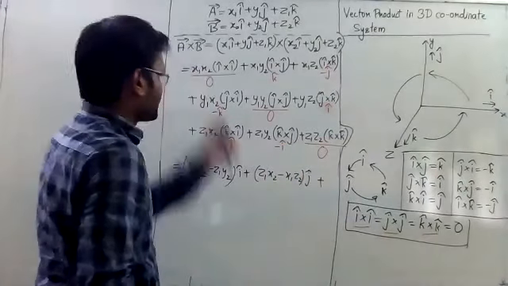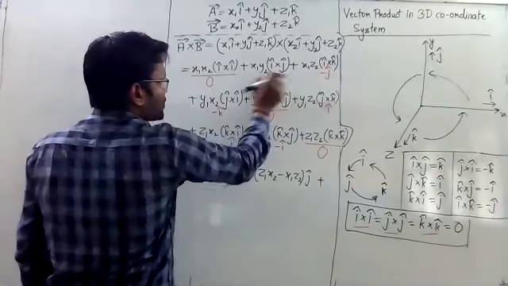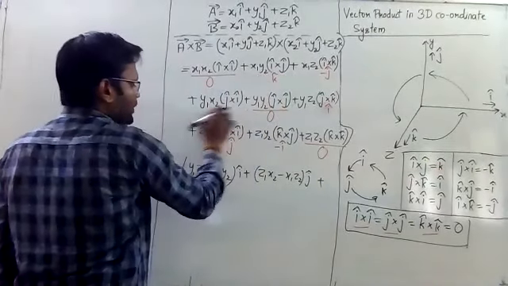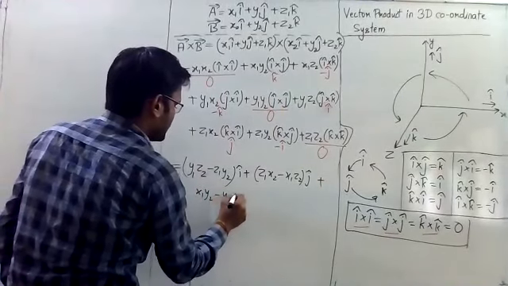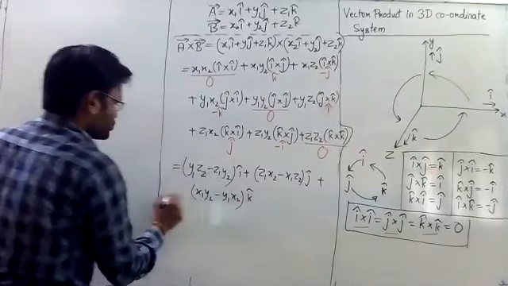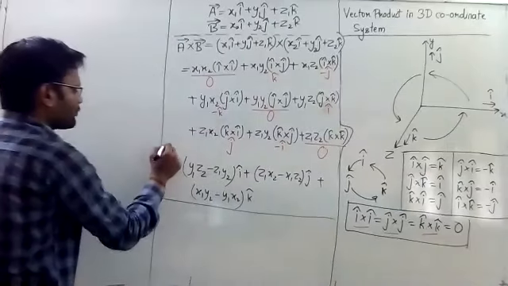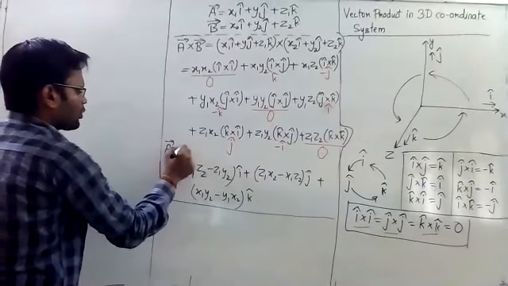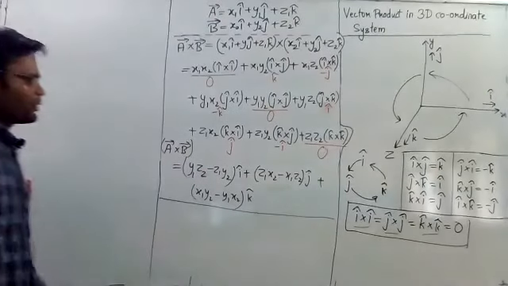Plus the third term, the coefficient of K cap, which is X1 Y2 minus Y1 X2, K cap. So this is the value I am getting for A cross B.